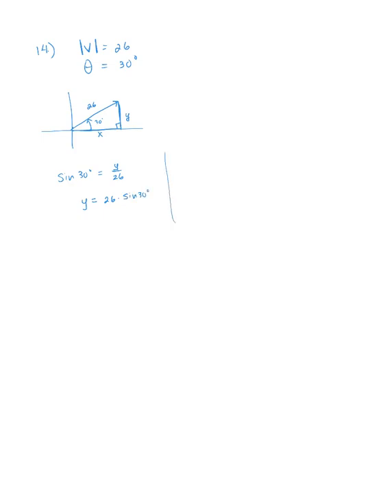Likewise, the cosine of 30 degrees is the adjacent, which is x, over the hypotenuse, which is 26. So the horizontal component would be 26 times cosine of 30 degrees. We can generalize this: the horizontal component is the magnitude times the cosine of the angle, and the vertical component is the magnitude times the sine of the angle.